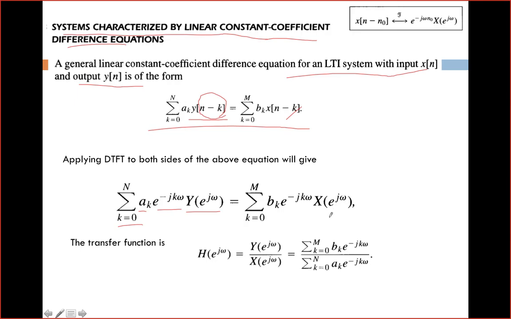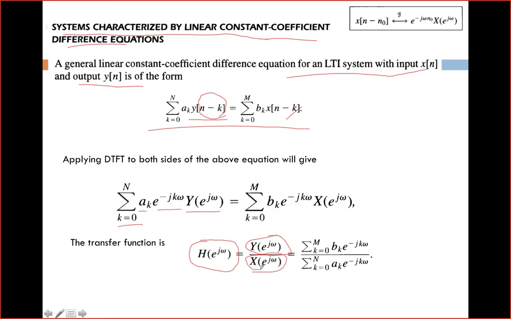Now we are going to find the transfer function, H of e power j omega. The transfer function of any system is the ratio of DTFT of output to DTFT of input. Output is Y of e power j omega and input is X of e power j omega.